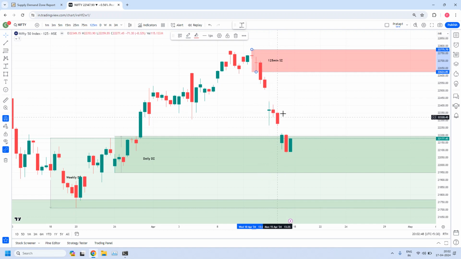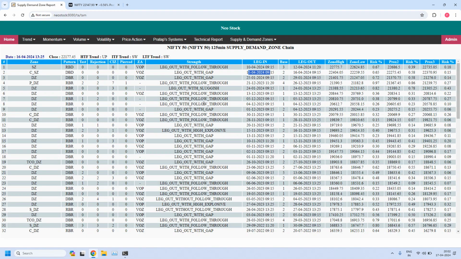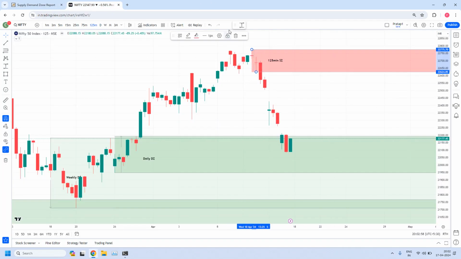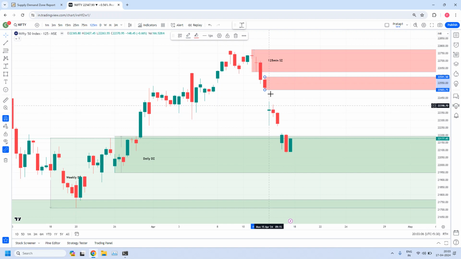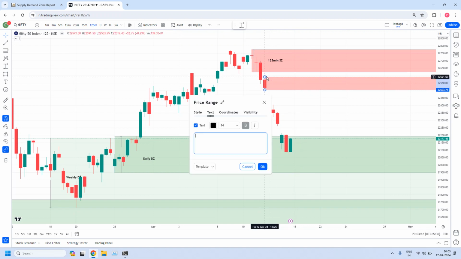Okay, these two candles are base, again a hidden body, drop. But why is this not identified? What could be the reason? I don't know, I need to check. But this is also a valid supply zone. This is a drop. Definitely this is a drop candle. We have a hidden body. But I need to verify this. But let me draw.